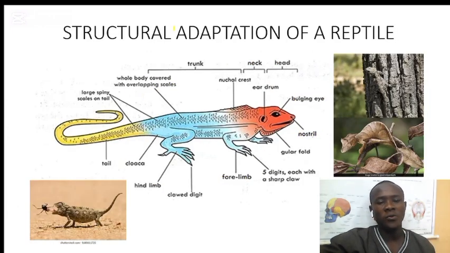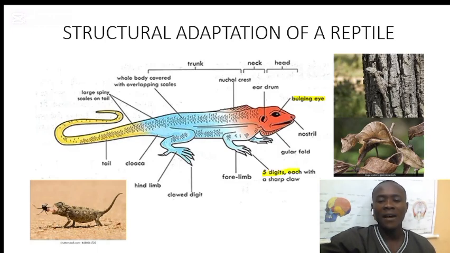Next that we have to discuss is the structural adaptation of a reptile. What are the things that it has which make it live efficiently and effectively in its environment? One, they have a bulging eye on either side of the head, which provides a wide range of vision.